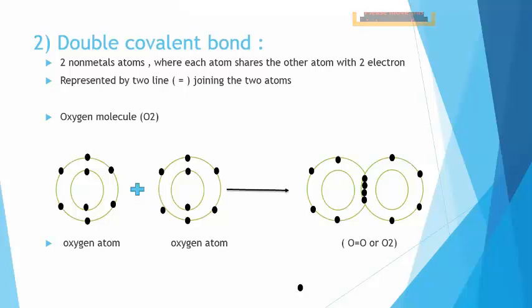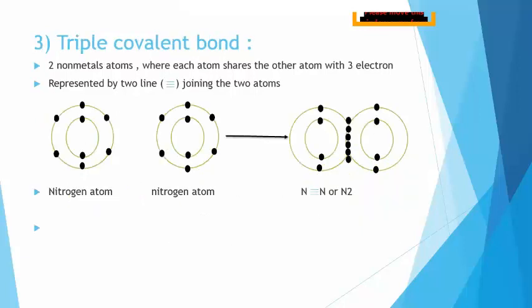The double bond is represented by two lines joining the two atoms. For example, the oxygen molecule O2: every oxygen atom will share 2 electrons with the other atom. So in oxygen O2, every atom will contain 8 electrons.